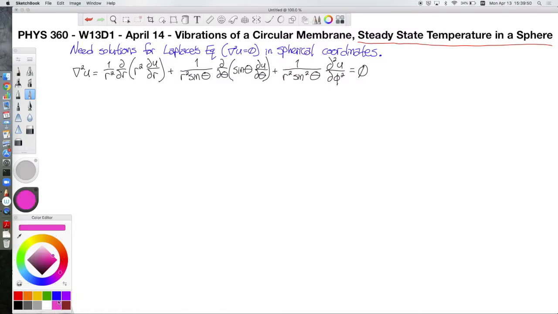So we're going to do what we've done before and assume a separable solution: R of r, Theta of theta, Phi of phi. And we are going to, as we have before, substitute this into Laplace's equation and divide by the overall function, R Theta Phi, but we're also going to multiply by r squared, for a reason we'll see in just a second here.